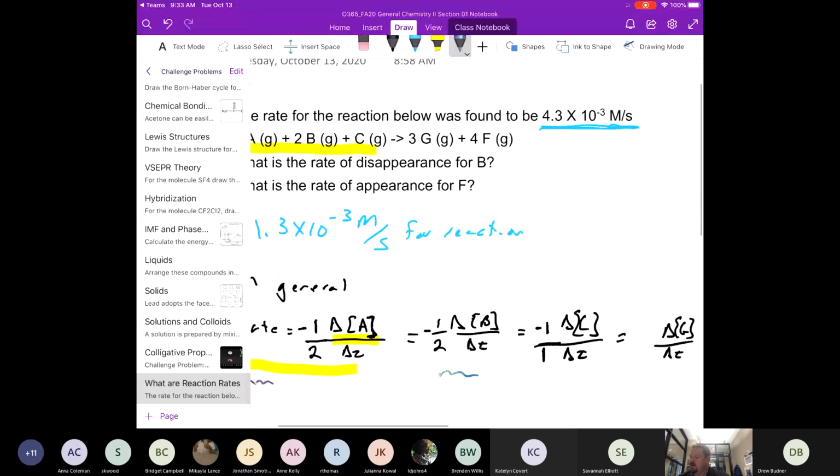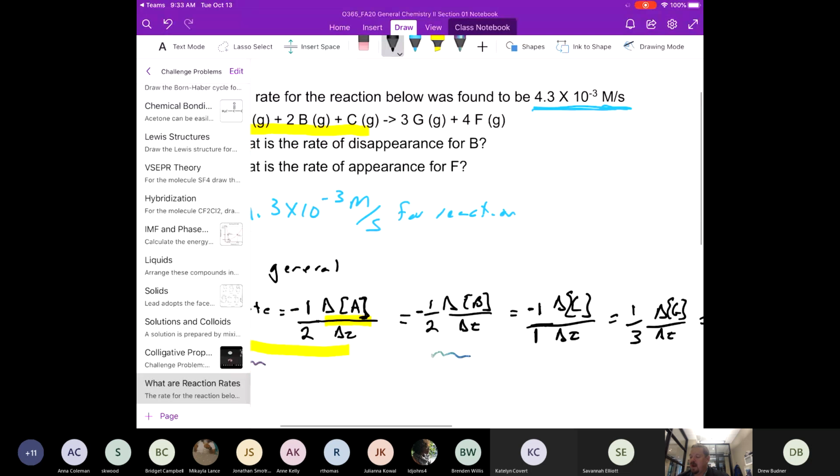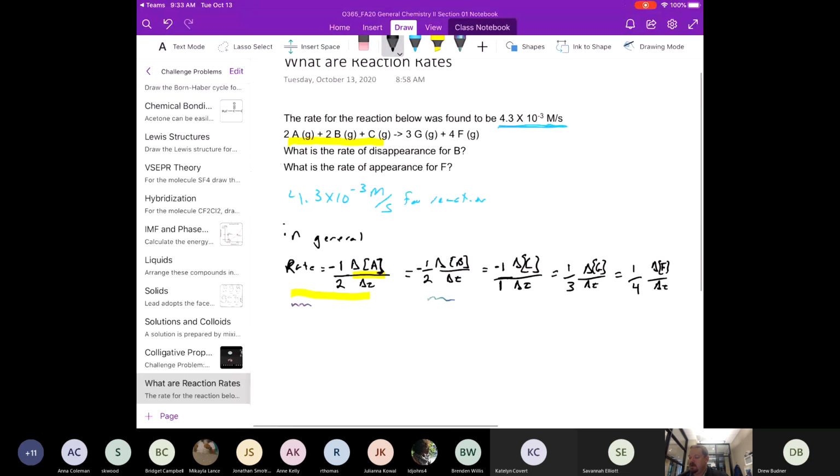If we continue over here, now the change is going to be a positive number, so it's going to be a plus, but this is going to be a 1/3. This would be a plus, and it would be a 1/4. So that rate we've described or been given, the rate of the reaction, is going to be equal to any of these values.